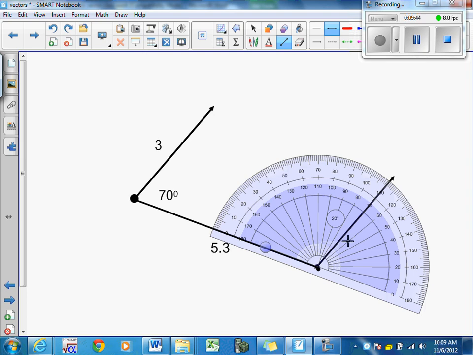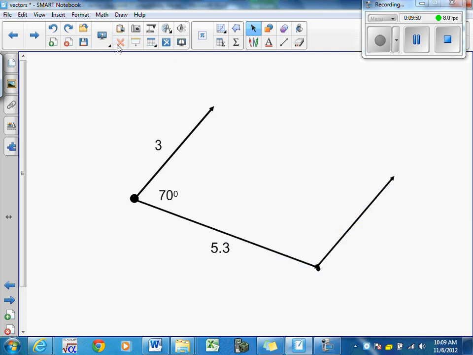So right there is my 70. Let's see, is that about the same length? Oh, pretty good. Now I draw my other line on the other side. And finally, I draw my result.